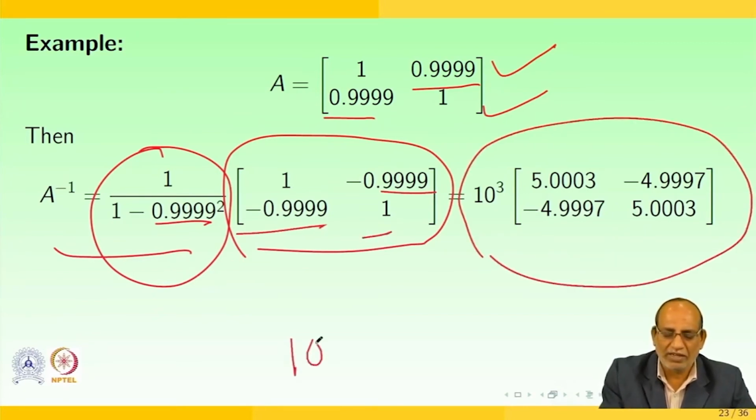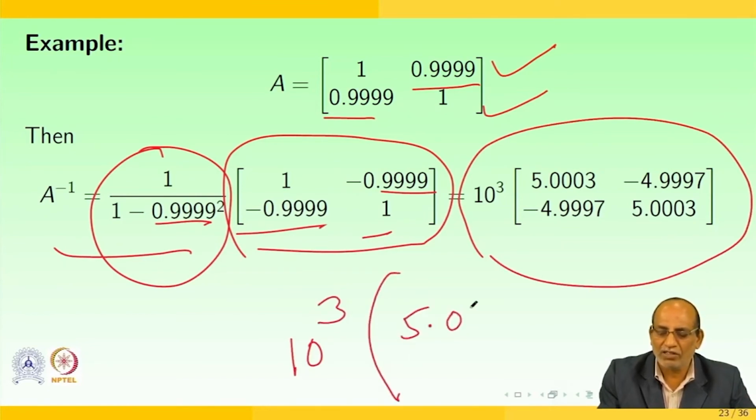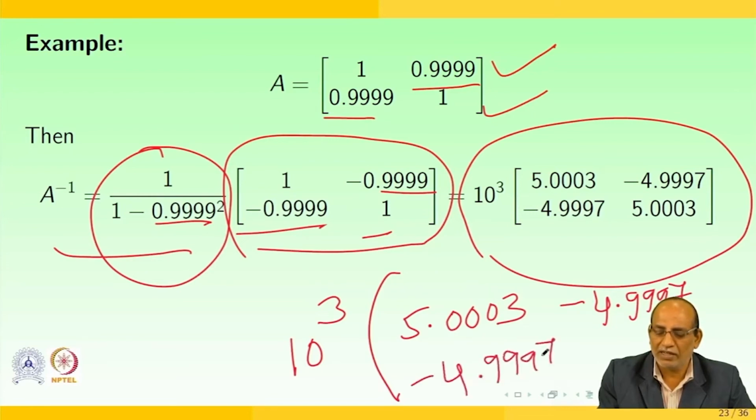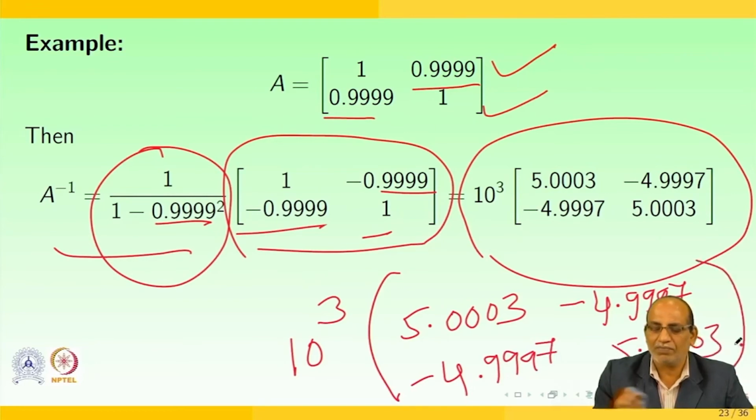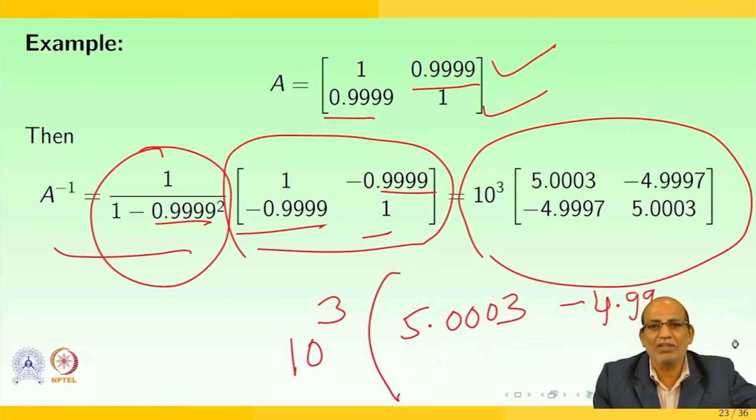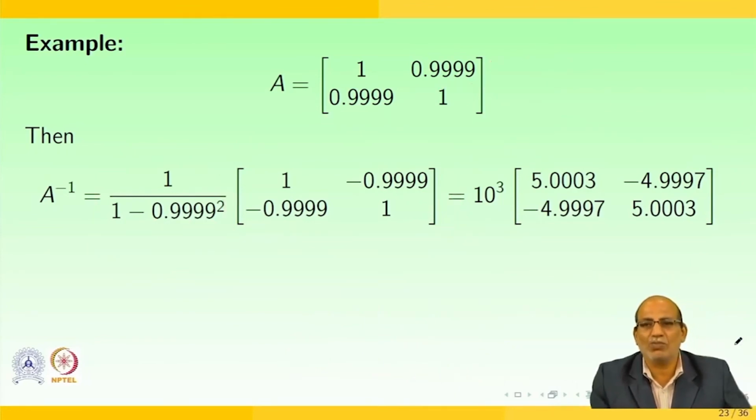So that means 10 power 3 multiplied with 5.0003, minus 4.9997, minus 4.9997, 5.0003 upon computation. So therefore, you can see from this example, the values of A inverse are very small.